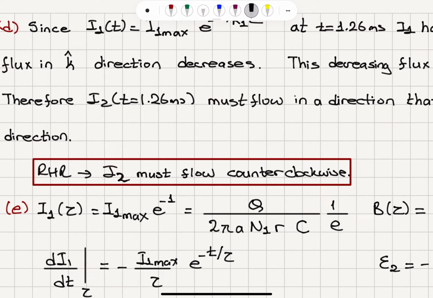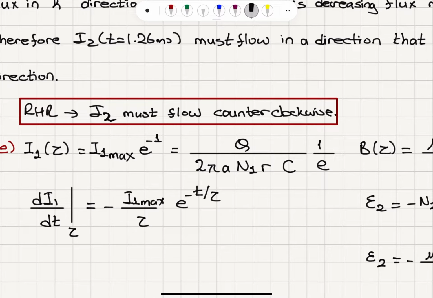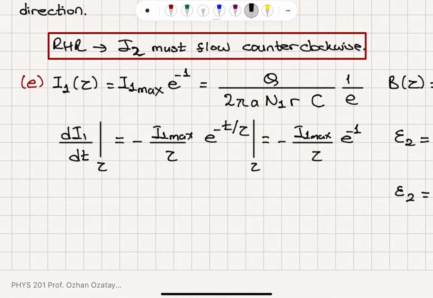I'm using this result for a discharging capacitor. So that gives me, when it is evaluated at one time constant tau, minus I1 max over tau, exponential -1, e to the power -1. So if I substitute for I1 max here, I can see what this should be.